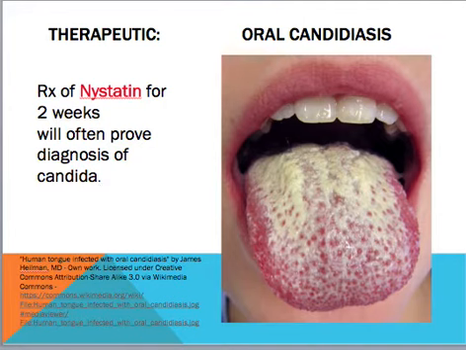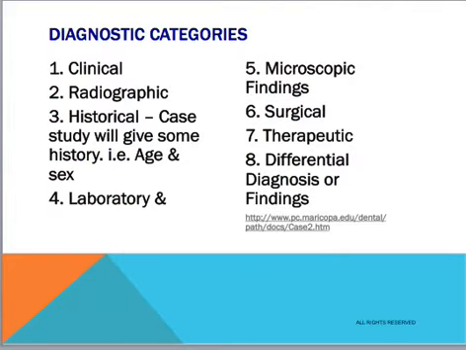We would treat this with a prescription for nystatin, which is an antifungal cream, if you remember from pharmacology, and then we would have the patient return in 2 weeks for an evaluation and see if the therapeutic agent, in this case nystatin, did the job and took care of the condition. And that would provide the strength of the diagnosis as a therapeutic diagnosis.